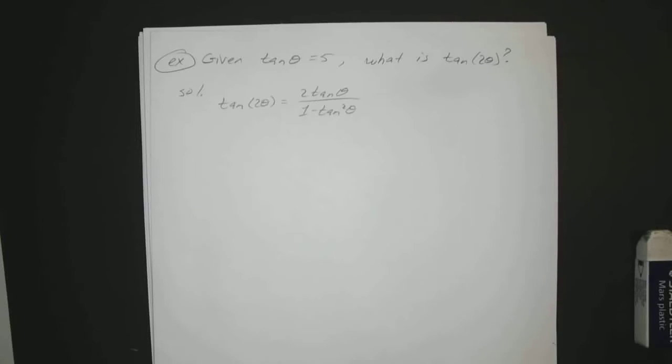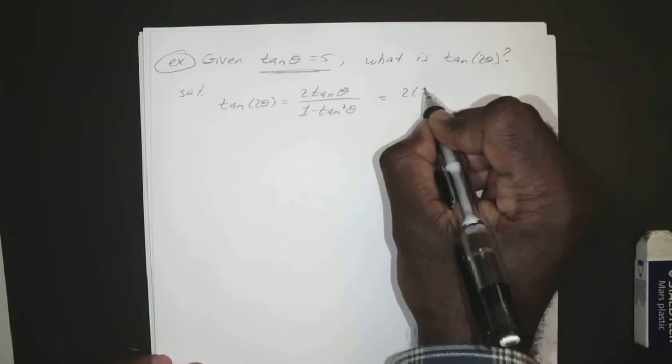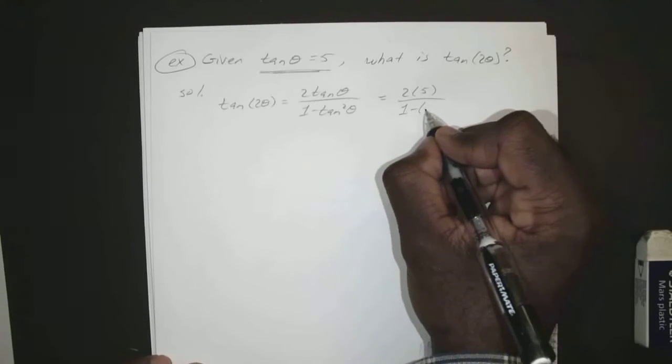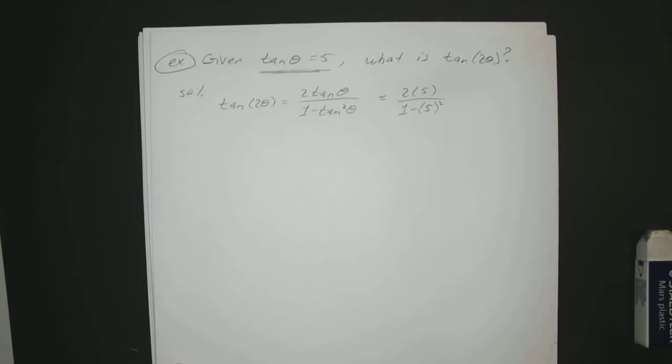Okay. Now they gave us that tangent theta is equal to 5. So this is just going to be 2 times 5 divided by 1 minus tangent theta squared, which is just 5 squared.